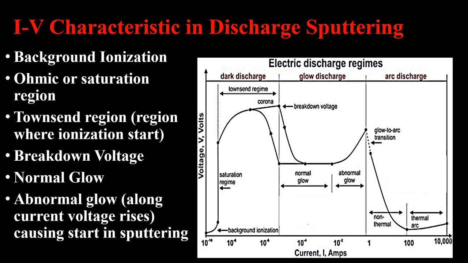So the sputtering phenomenon, or the evaporation of the source material, will start in the abnormal region, and the current and voltage in this region will be at their maximum.